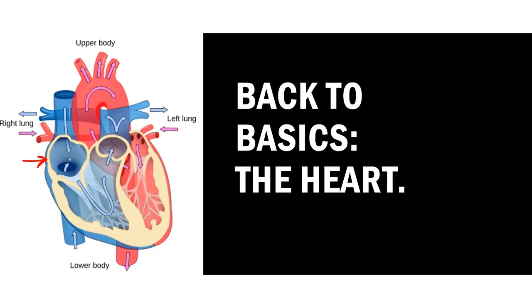It fills up. It delivers the blood into the right ventricle. That then shoots it forward into the lungs. That blood comes back oxygenated into the left atrium, sent down to the left ventricle, and then it is delivered into the rest of the body from there. The cycle continues.